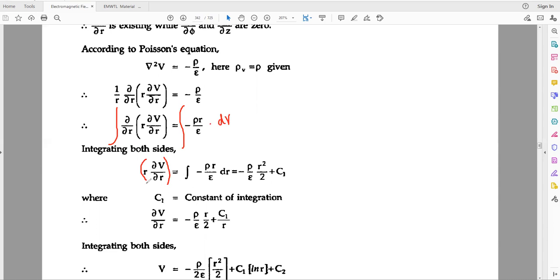Again, you can take this R here. C1 is a constant.